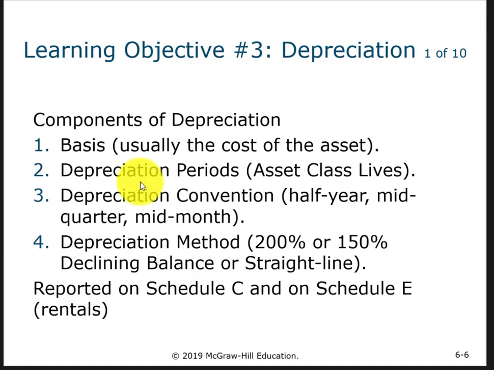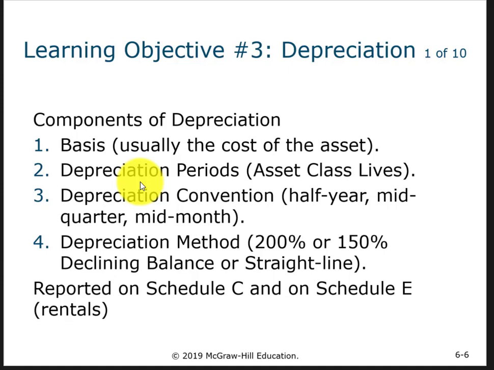Now, the half year applies to most assets, but for real estate, you have to use mid-month. Mid-month says you calculate depreciation as if everything was bought in the middle of the month. So if it was bought in March, you treat it as if it was bought on March 15th.